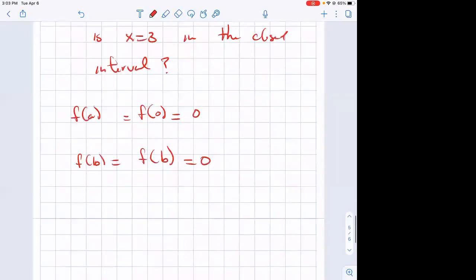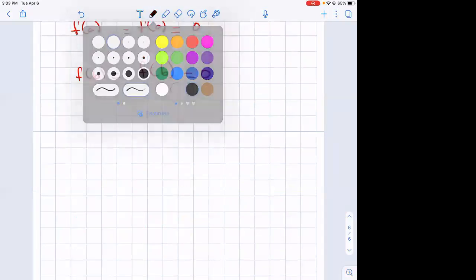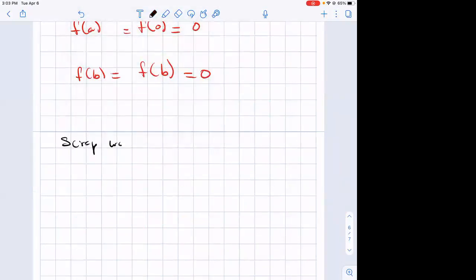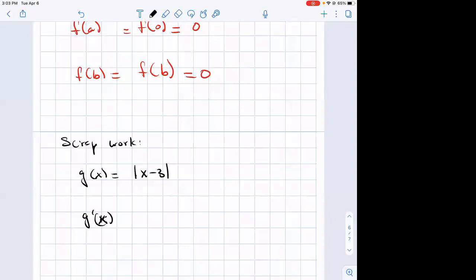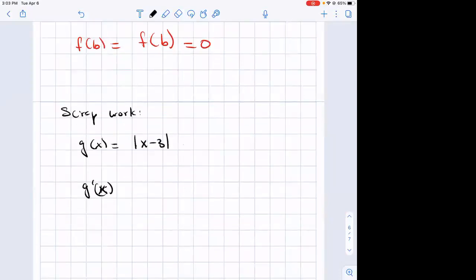So here's some scrap work, guys. If I tell you g of x is equal to the absolute value of x minus 3, and I ask you what is g prime of x, how do you find the derivative, folks? Like separate into 2 parts. Right, exactly. That's the only way you can do it.